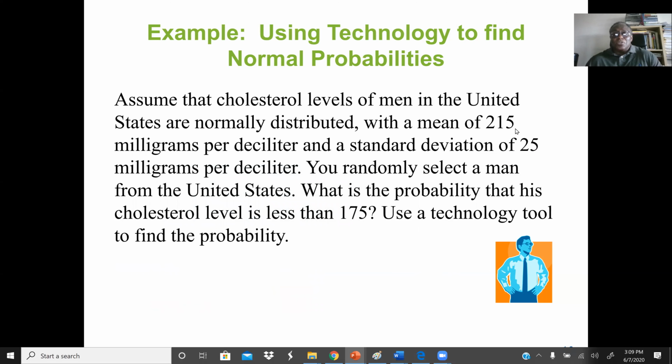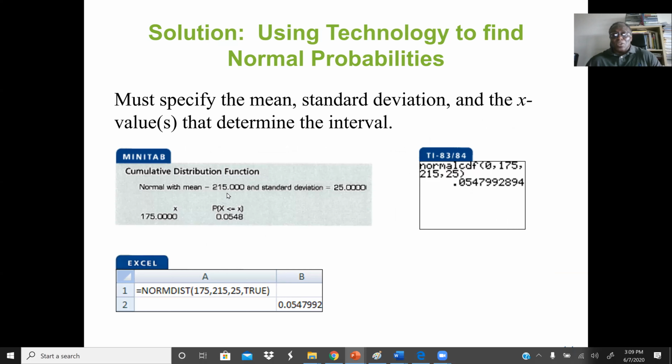The mean is 215, and the standard deviation is 25. From here, we can use Minitab to find the probability.